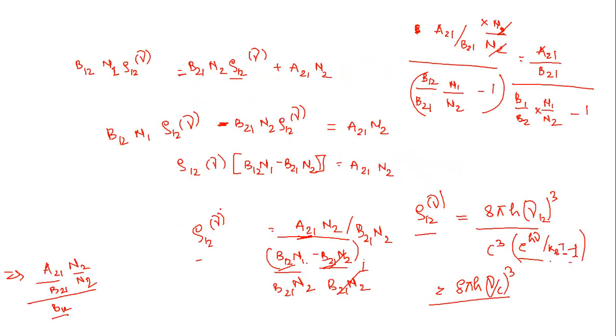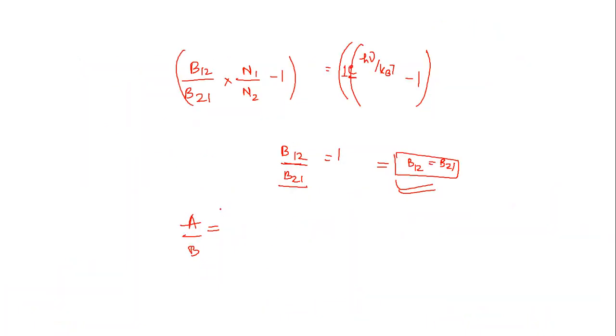The value was 8 pi h nu by c whole cube. Since c upon nu is equal to lambda, we can say nu by c is equal to 1 by lambda is equal to nu bar, which is the wave number.